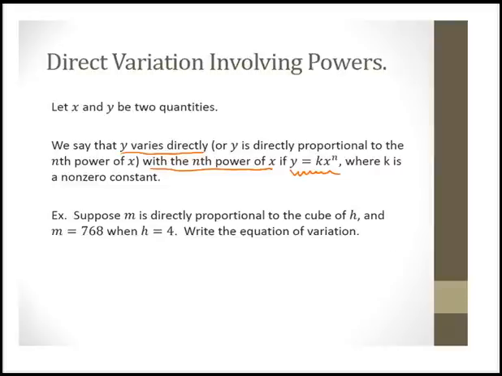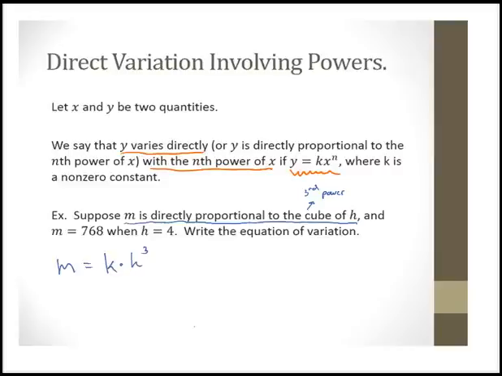Let's see a quick example. Suppose m is directly proportional to the cube of h. Right there, that phrase, m is directly proportional to the cube of h. The cube is the third power of h. So that means I can write that m is equal to our constant of variation times h to the third power.